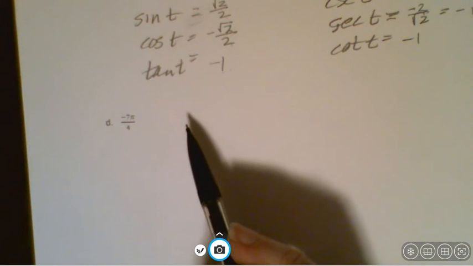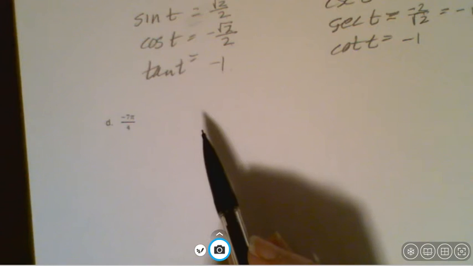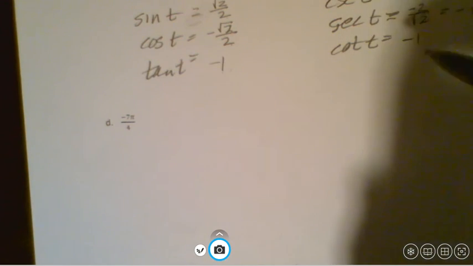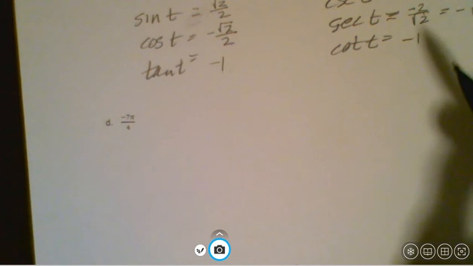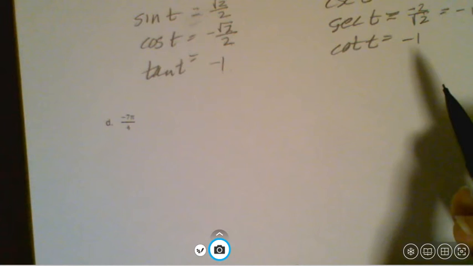So then if we ended up going 7 pi over 4, well, look where it is on your unit circle, but then think about going that distance all the way around. The 7 pi over 4 positive is in the 4th quadrant, right?